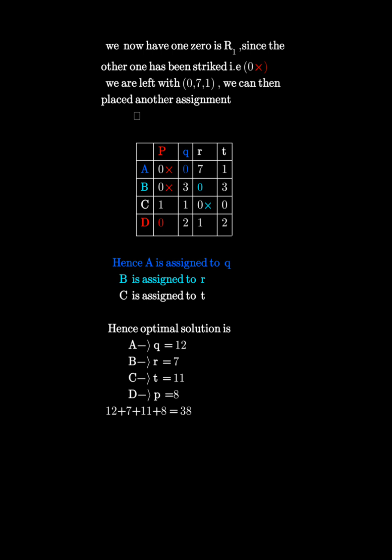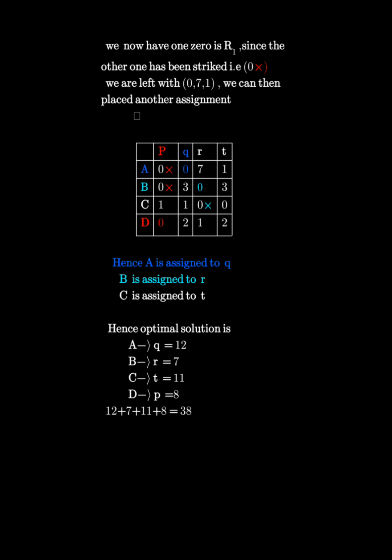Now the problem demands us to look for an optimal solution. To find an optimal solution, what you are going to do is add up the initial value of A, the initial value of B, the initial value of C, and the initial value of D. You add everything together to get the total minimum cost, which is also known as the optimal cost or the optimal solution.